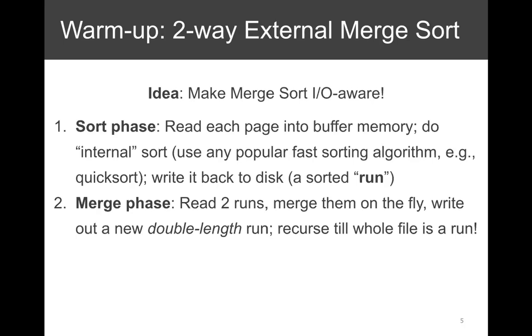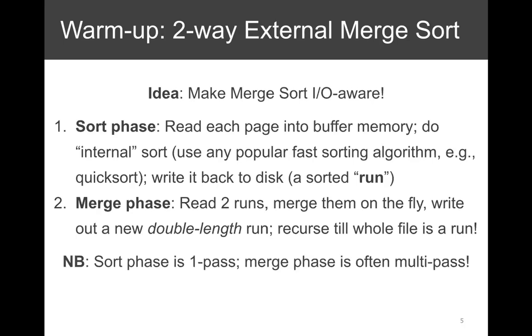Now you get a merged run, which is double the length of the input runs, so it is the sizes of the two runs put together. And then you write that out to disk. Then the second pass of the merge phase arises, where you read those runs and you keep going on. You'll see an animation shortly. You keep recursing until the entire file becomes a sorted run. So notice that the sort phase is just one pass of read and write. The merge phase is typically multi-pass.